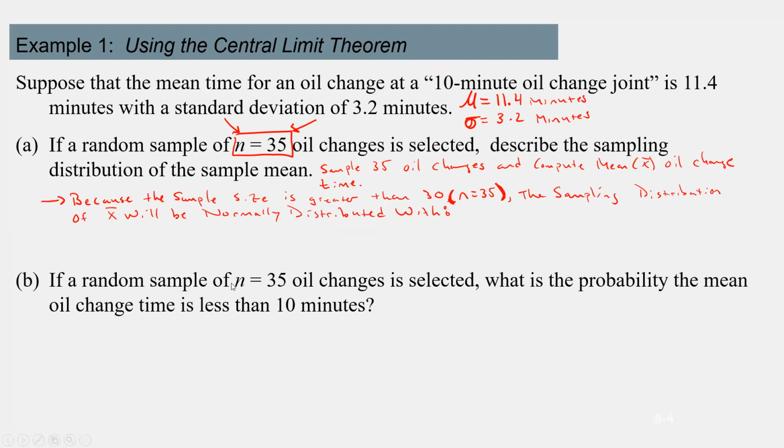All right, so it's with mean, which we denote as mu sub X bar. So it's the average of the averages, and the average of the averages is going to be equal to the average, mu. So what is the average time for an oil change at this place? Yep, 11.4, right? It says it up here. The mean time is 11.4.